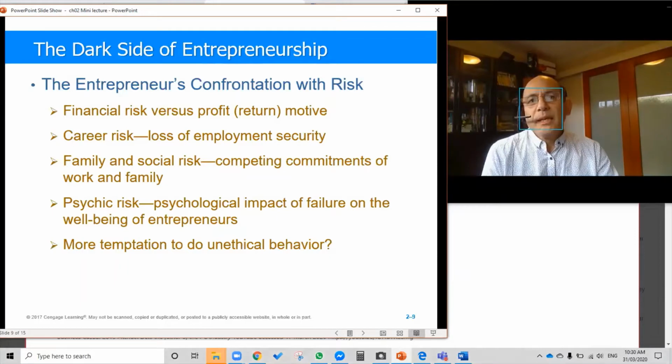Okay, entrepreneurship has a dark side. In other words, it's not always positive when you're an entrepreneur or when you are dealing with entrepreneurship. First of all, because entrepreneurs are risk takers, we always have this balancing act between the financial risk versus the profit motive.